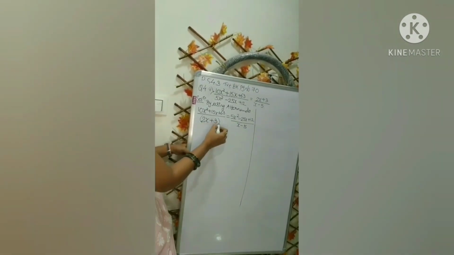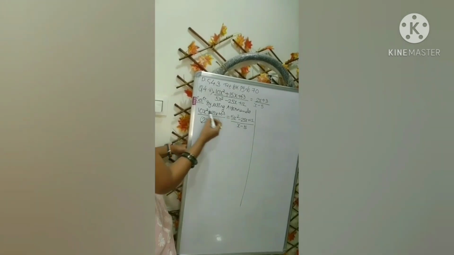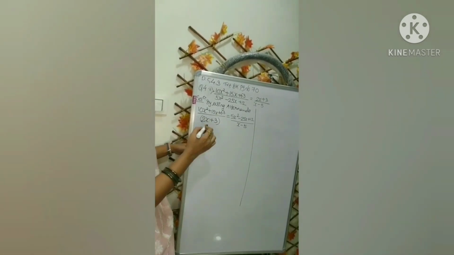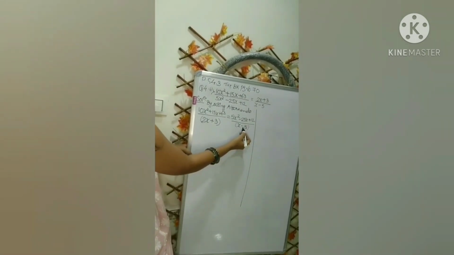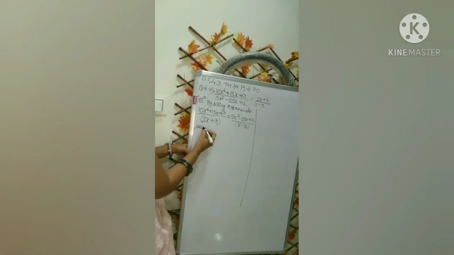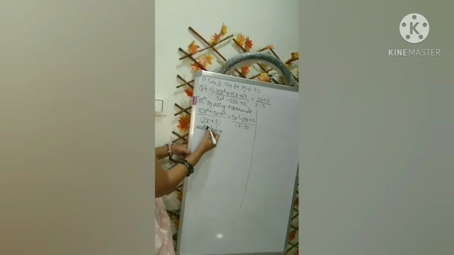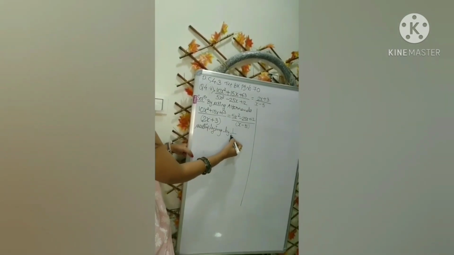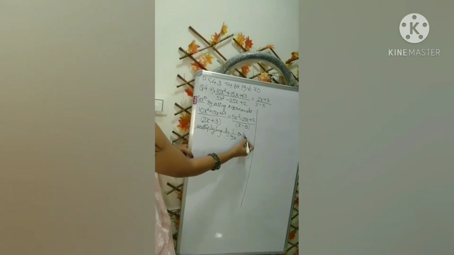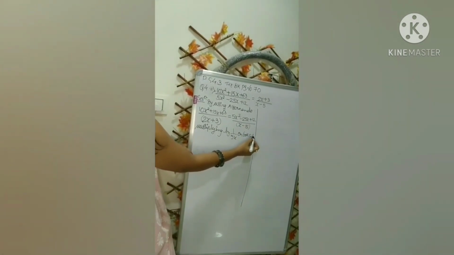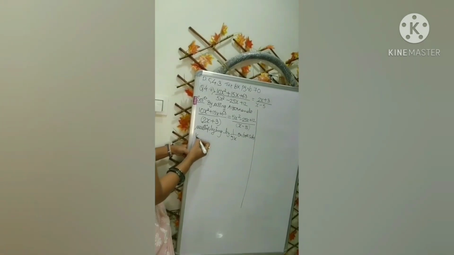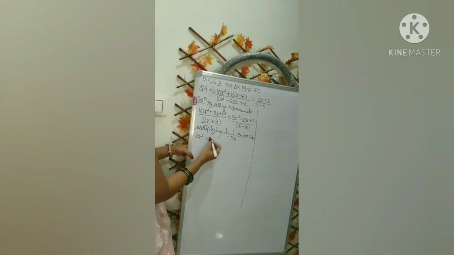If you pay attention to 2x plus 3 and 10x square 15x, they share a common multiple which is 5x. The same happens over here as well. So what I will be saying here is multiplying by 1 upon 5x on both sides. So 10x square plus 15x plus 63 will remain as it is.